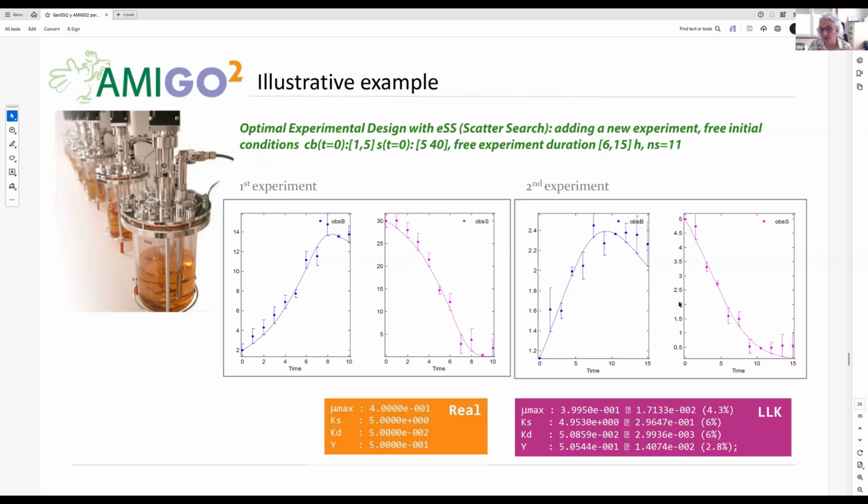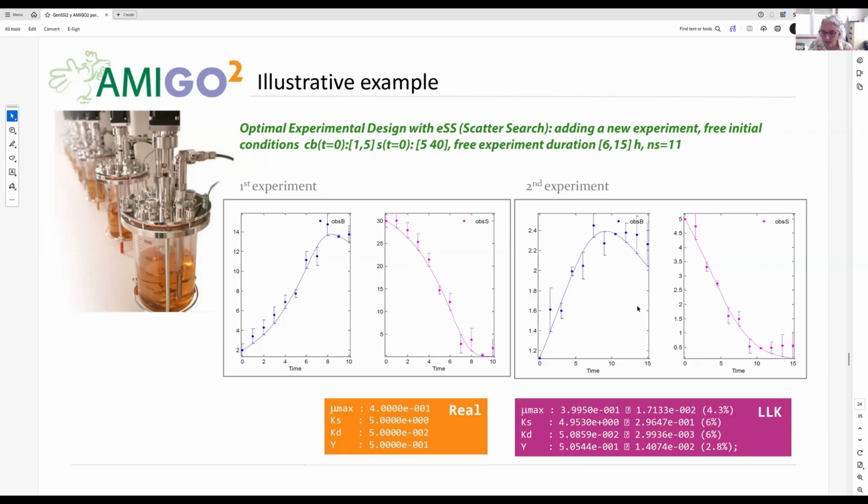So this is the second experiment we came up with, and as you see, now the parameter estimation with these two experiments together results in values which are definitely much closer to the originals, and also with very reliable or high quality of the parameter estimate, so very limited uncertainty.